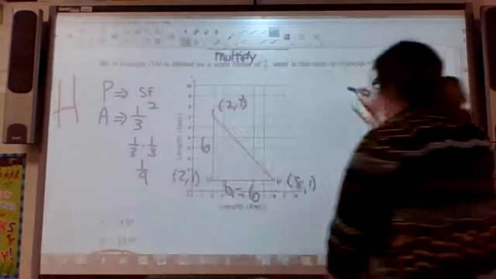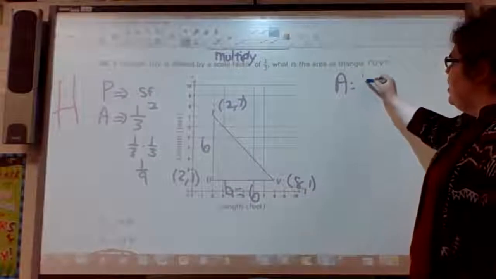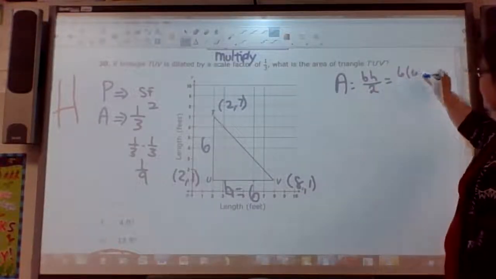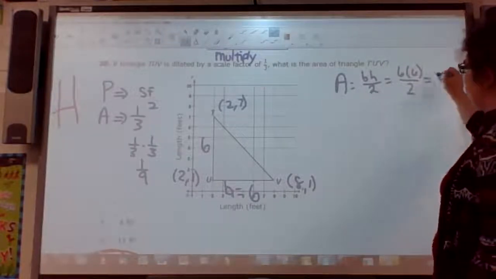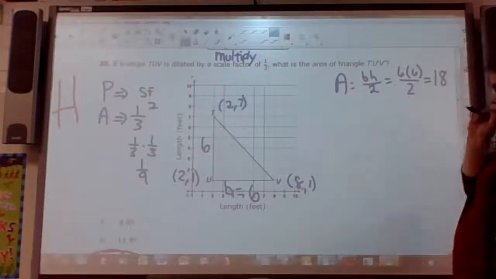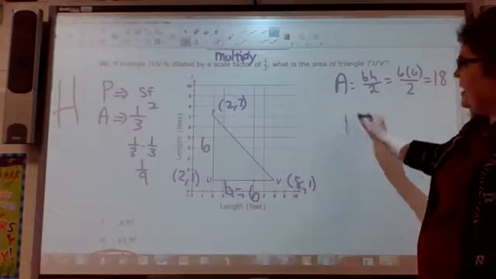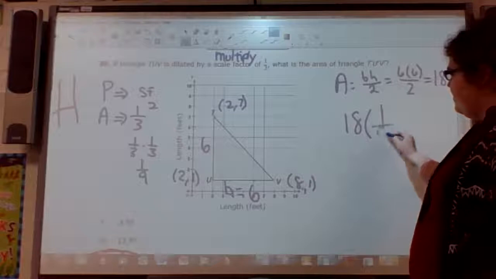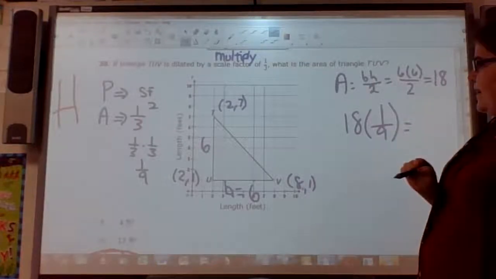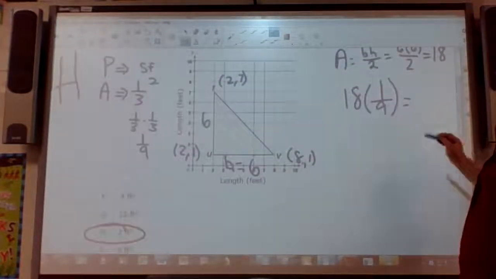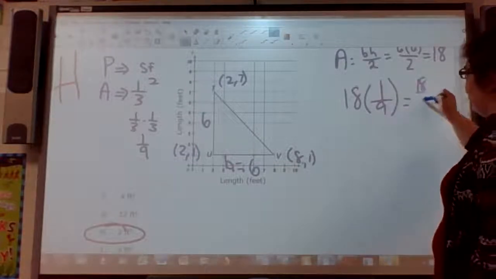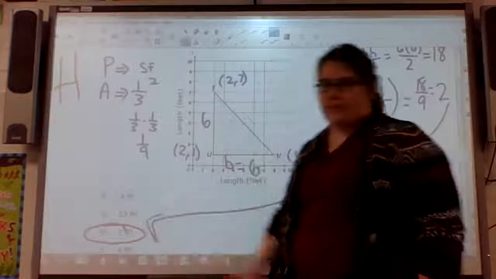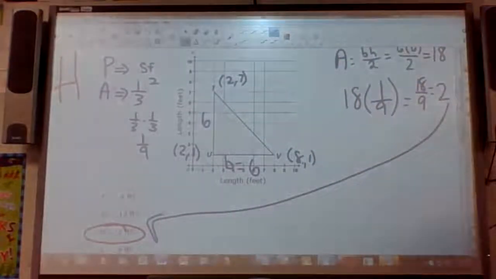Area of a triangle is base times height divided by 2. 6 times 6 divided by 2 is 18. Now, if I take 18 and multiply it by 1/9, I get 18 divided by 9, which is 2. And that's my answer.